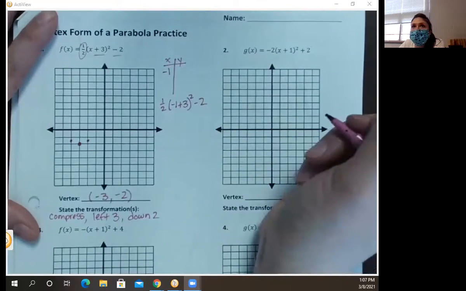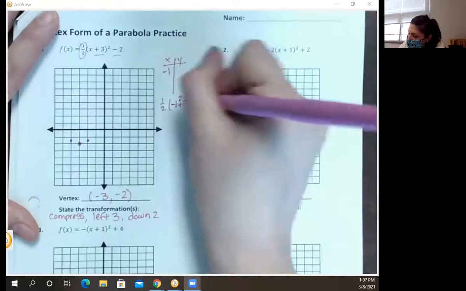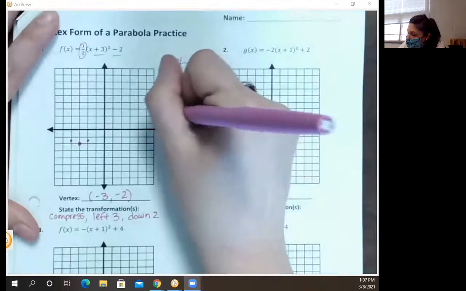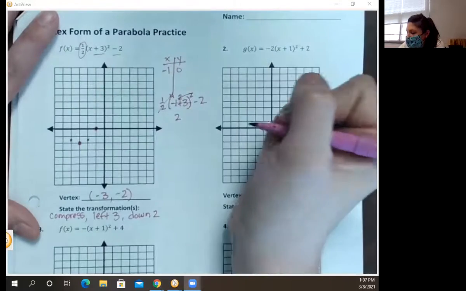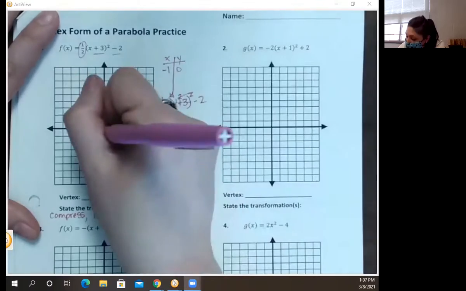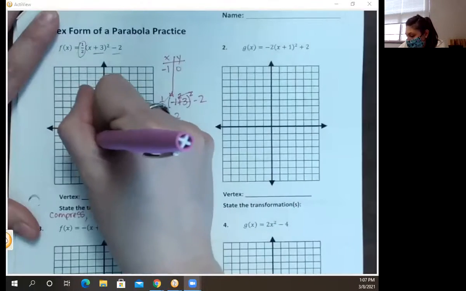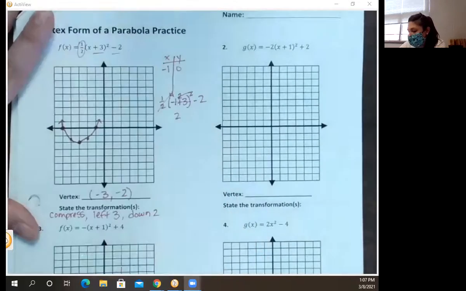So following order of operations to find my y value, this would be inside parentheses 2. 2 squared is 4. 1/2 of 4 is 2, and 2 minus 2 is 0. So I'd have the point -1, 0. And then again, the nice thing about parabolas is that because they're symmetric, I would also get this point. Here's my graph.